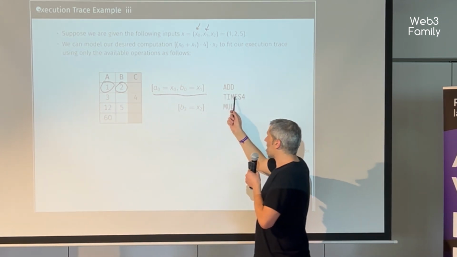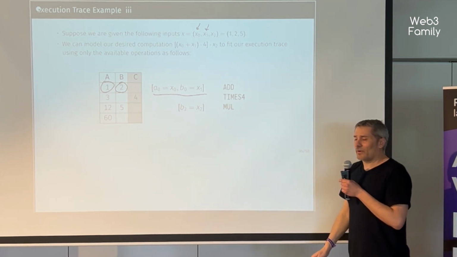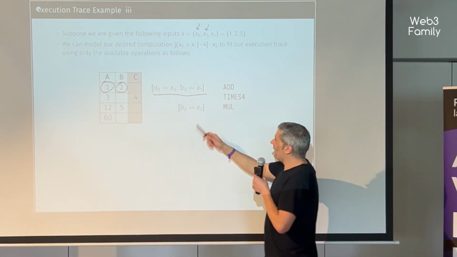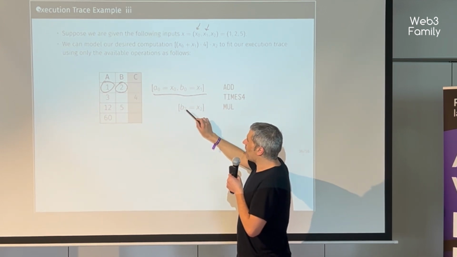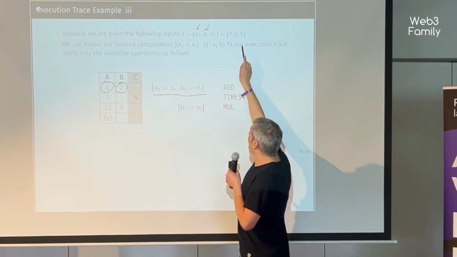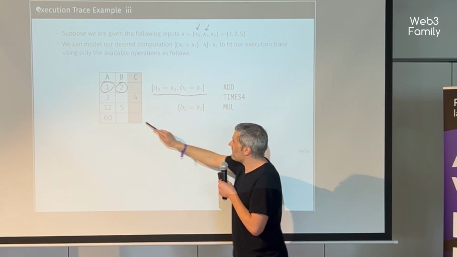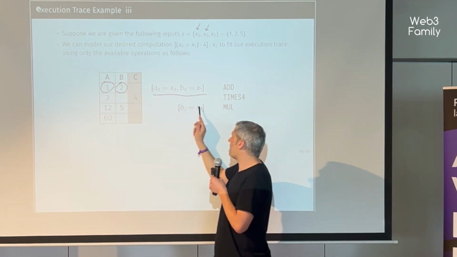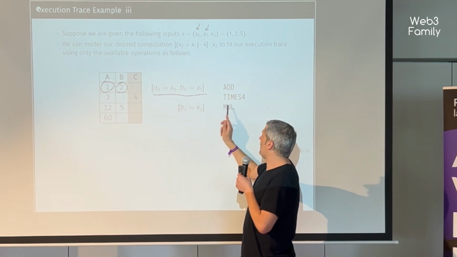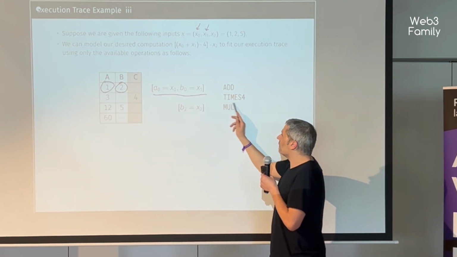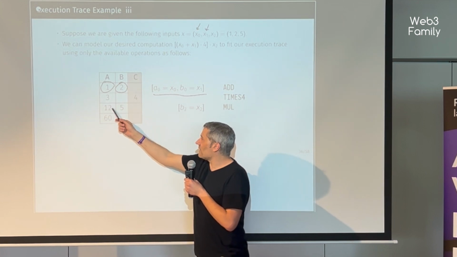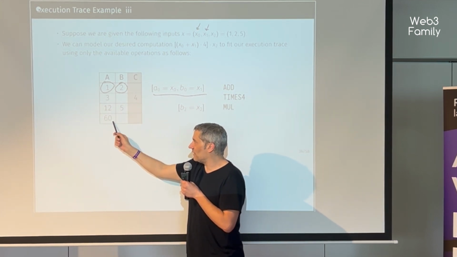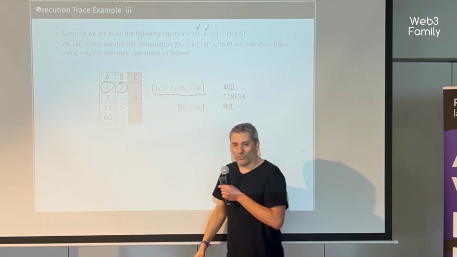This is the logic of this operation. And then I just copy a new input: the 5, which is the third input, x2, in B2, which is this cell. And then I call the multiplication operation. What it does is take these two cells, multiply, and leave the result in this row.